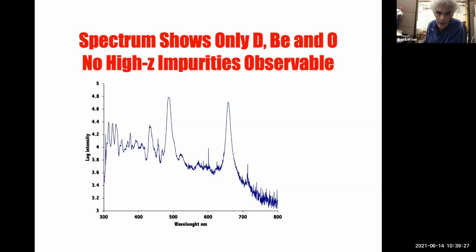We showed spectroscopically that the only elements that could be observed were deuterium, the fill gas, beryllium, and oxygen. So the beryllium lines are these three big lines off to the left. Oxygen is this little line here, and almost all the rest is either deuterium or molecular deuterium.